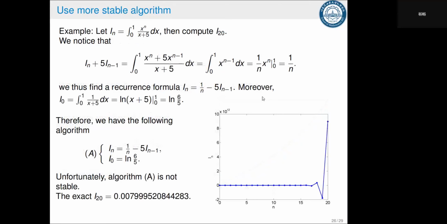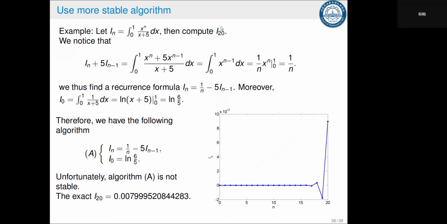So you see, we are interested in such a problem: the integral I_n equals the integral from 0 to 1 of x^n divided by x plus 5. So you will see such a problem depends on the choice of n. What we want is to compute I20.